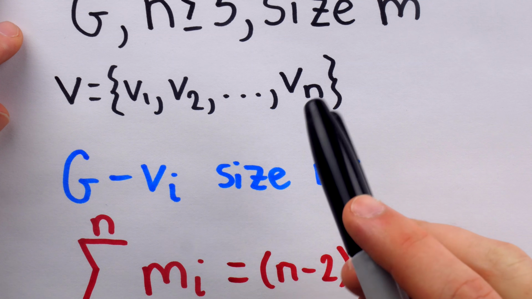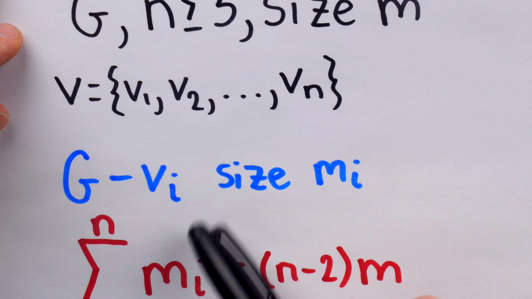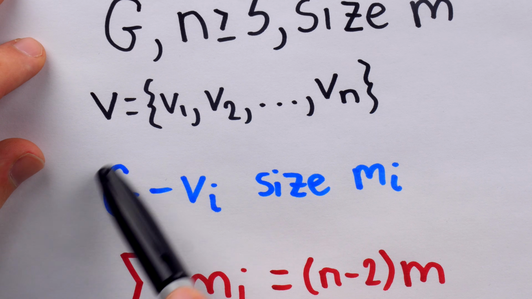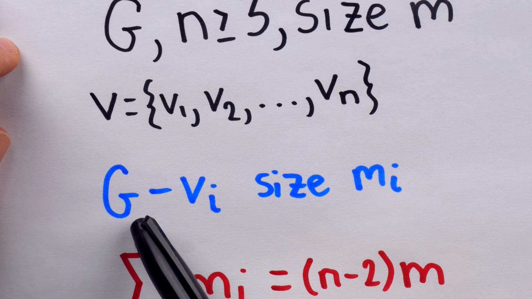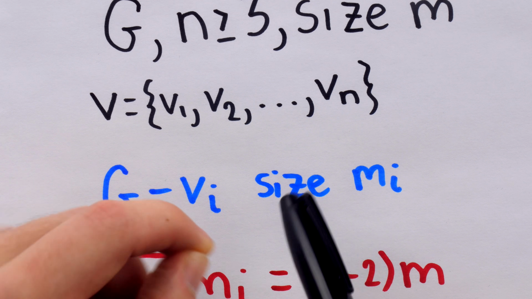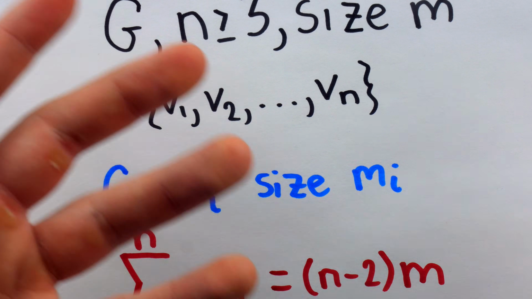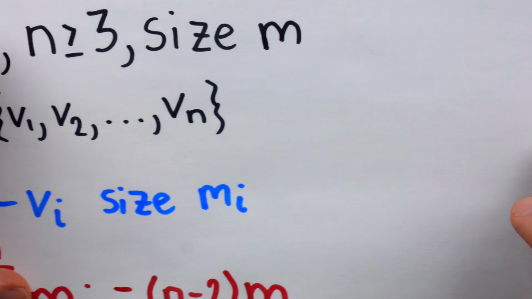Keep in mind that we've notated the size of each card in the deck as mi. And each time we delete a vertex, vi, we're also removing precisely the edges that are touching vi, the number of which is, by definition, the degree of vi.